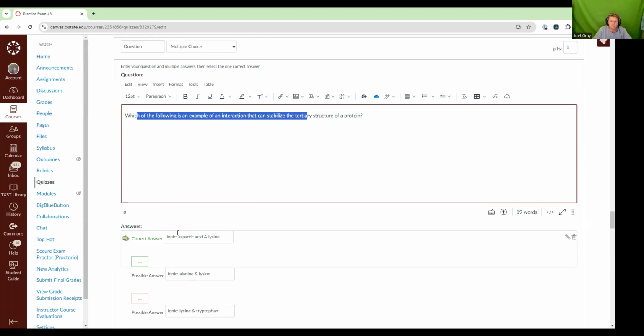So we've got which of the following is an example of an interaction? I'm going to edit this: between amino acids, and then I'll put in parentheses, and is correctly identified.